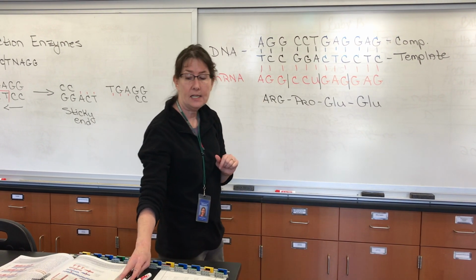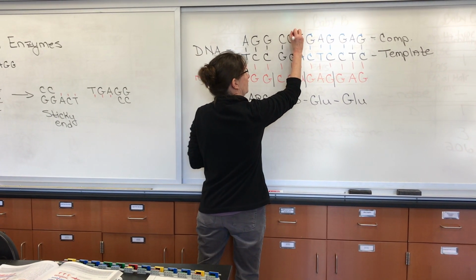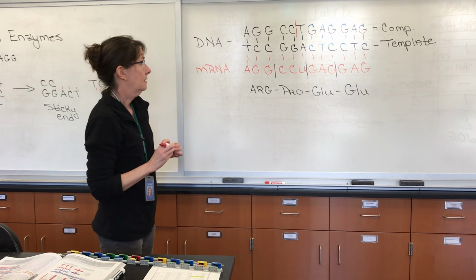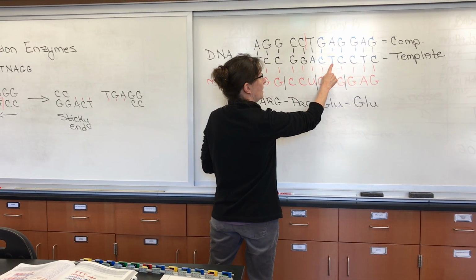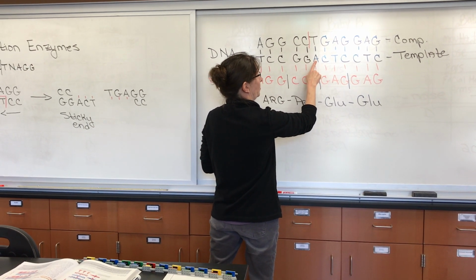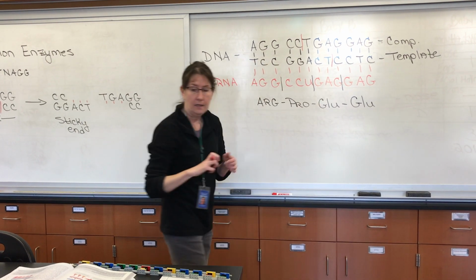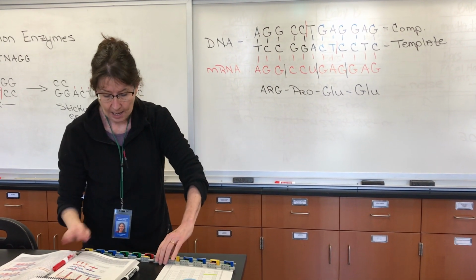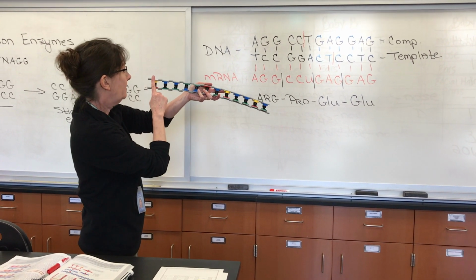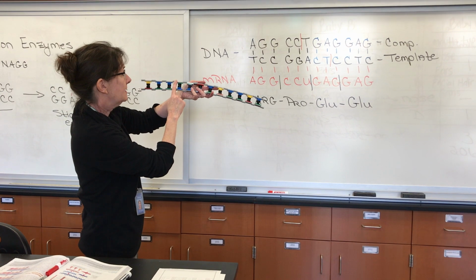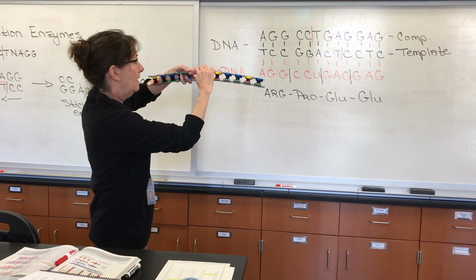We have that sequence in the top strand, and it's going to make a cut between the C and the T. Now when we read our bottom strand, we have CCT, any nucleotide followed by AGG. And again, it's going to make a cut here. And we are going to end up with 2 pieces of DNA. So here's my AGG, here's my CCT, GAG, GAG, and we're going to make a cut right here.